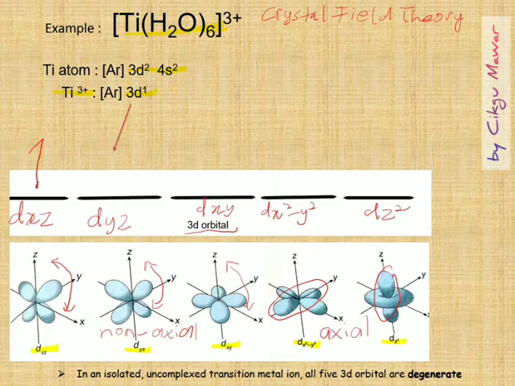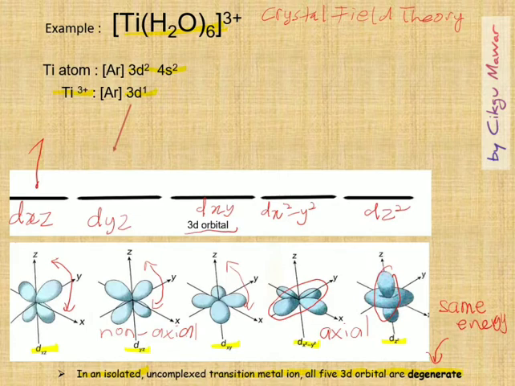One more thing: in an isolated atom, the 3d orbitals of the transition metal ion are degenerate orbitals, which means they have the same energy.